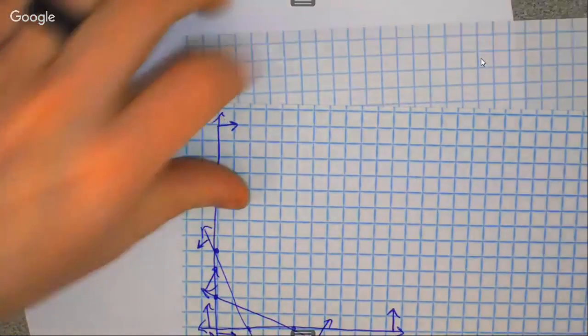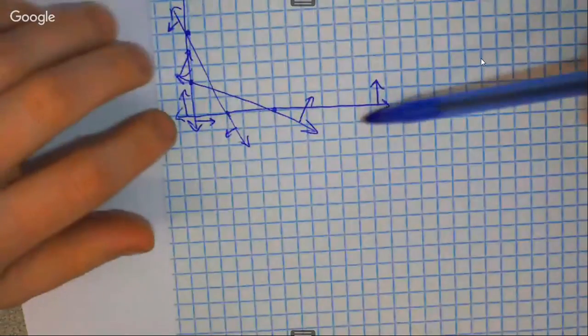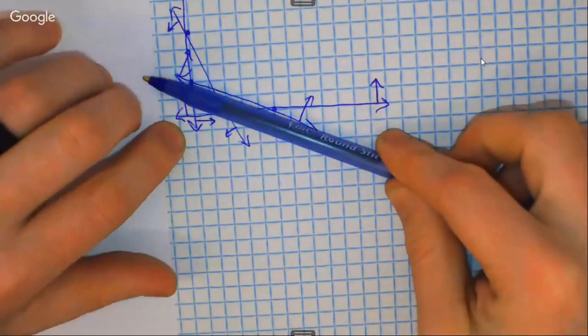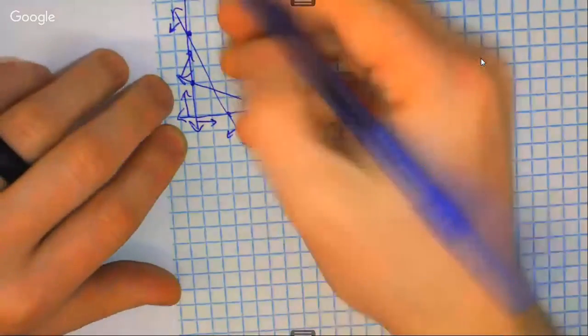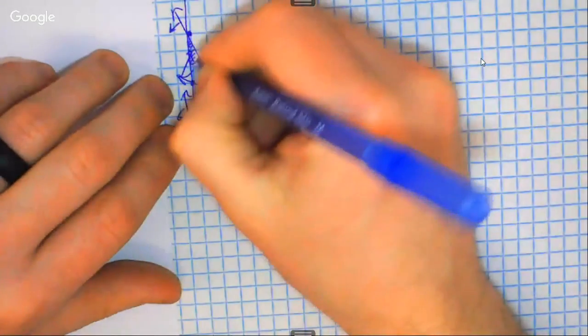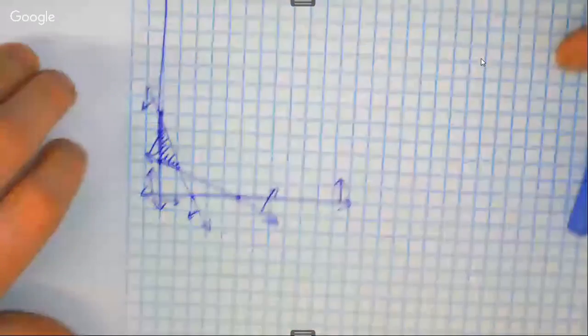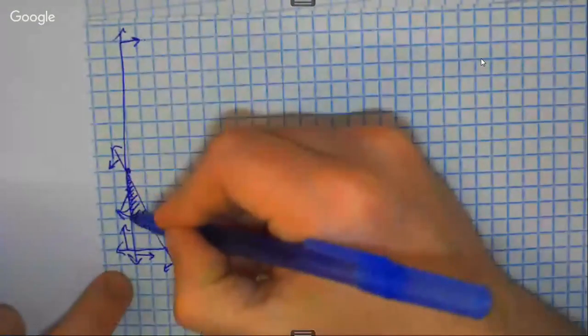Okay, so when we look at where we're shading here, we're obviously going to shade anything in this square, but it needs to be bigger than this line and less than this line. So that actually leaves me right in here.